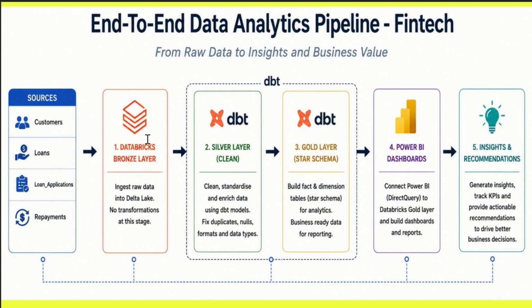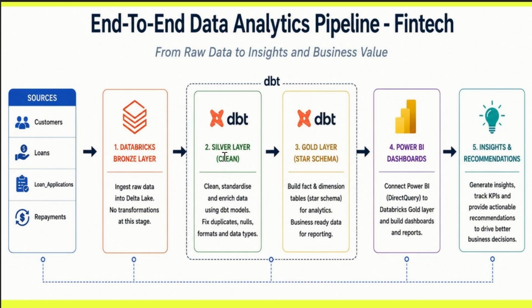After our data has landed in the bronze layer, we shall use a tool called DBT. It's a relatively new tool that is majorly used for transformation. Within DBT, we are going to create two layers. One we shall call the silver layer, and the other the gold layer.